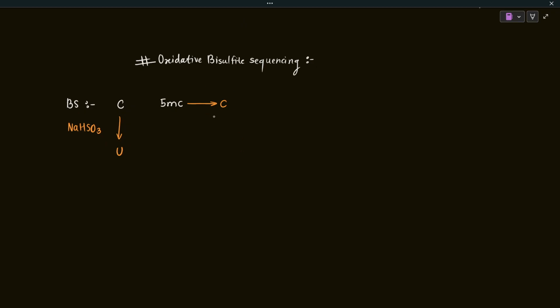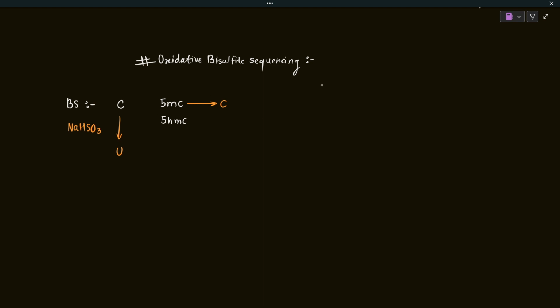So the drawback of bisulfite sequencing was that it can differentiate between cytosine and 5-methyl cytosine, but it can't differentiate between 5-methyl cytosine and 5-hydroxymethyl cytosine. Why? Because sodium bisulfite can only work on cytosine, and it cannot work on 5-methyl cytosine or 5-hydroxymethyl cytosine.